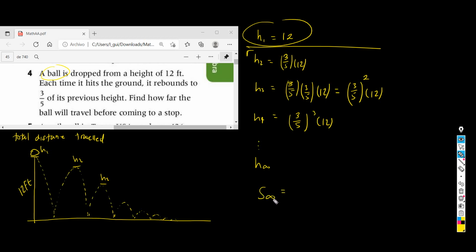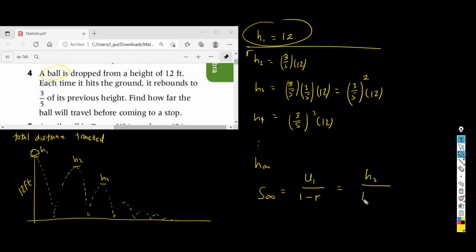The sum of all the terms of an infinite geometric series is going to be equal to the first term over 1 minus the ratio. Remember, we are forgetting about this for the moment, and we're just going to suppose that h2 is the first term in this particular sequence. So I need to replace u1 by h2.